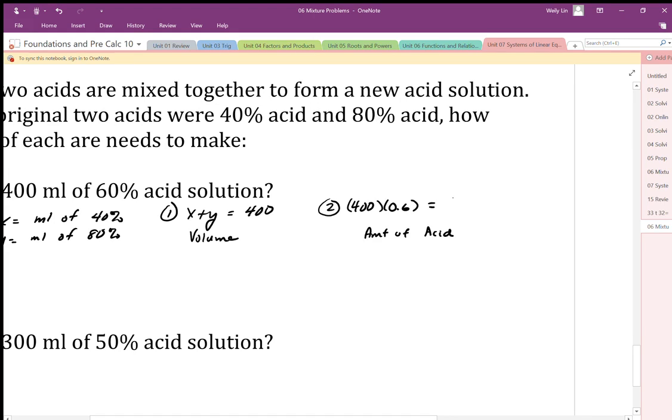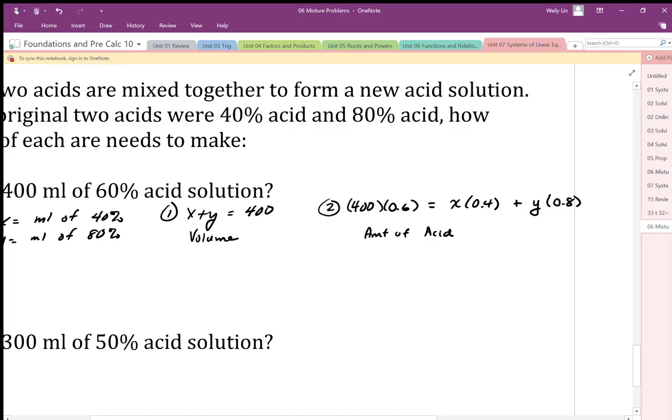So the volume at 40% times 40% gives us the amount of acid from that solution, and the volume at 80% times 80% gives us the total amount of acid from the 80%. So these are my two relationships. This represents the volume, and this represents the total amount of acid.